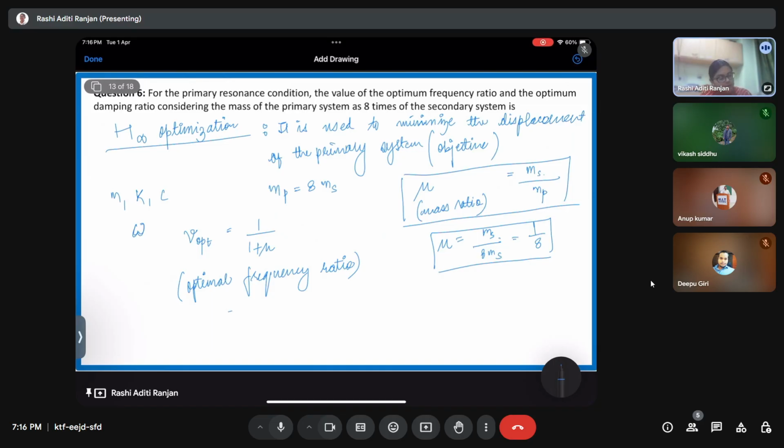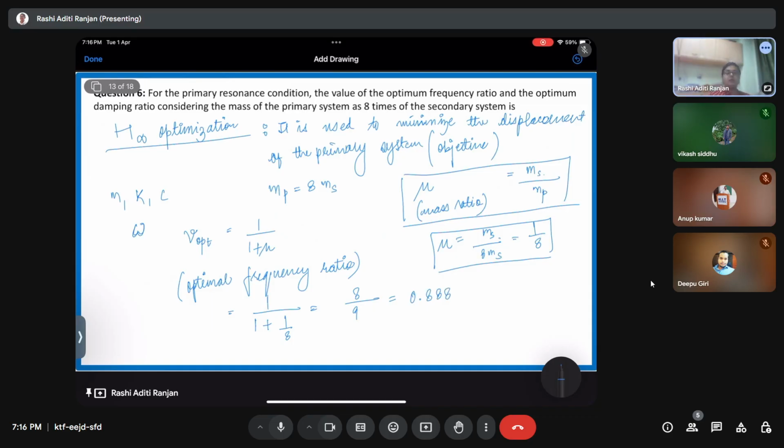So if I find this out, 1 by 1 plus 1 by 8 will give me 8 divided by 9, and this is going to be 0.888. This is my optimal frequency ratio.